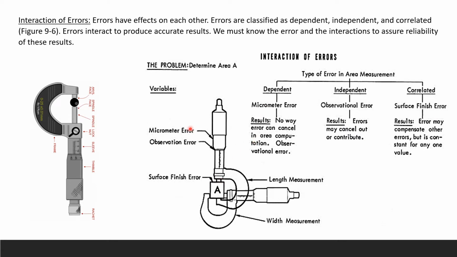So dependent is here, independent error is here, and then your correlated error is happening on the surface, okay? You can do the measurement lengthwise. You can also measure this little block widthwise, okay? Doesn't matter how you measure, you always have a mixture of these three errors there, okay? And when they interact with each other, we call that interaction of errors.